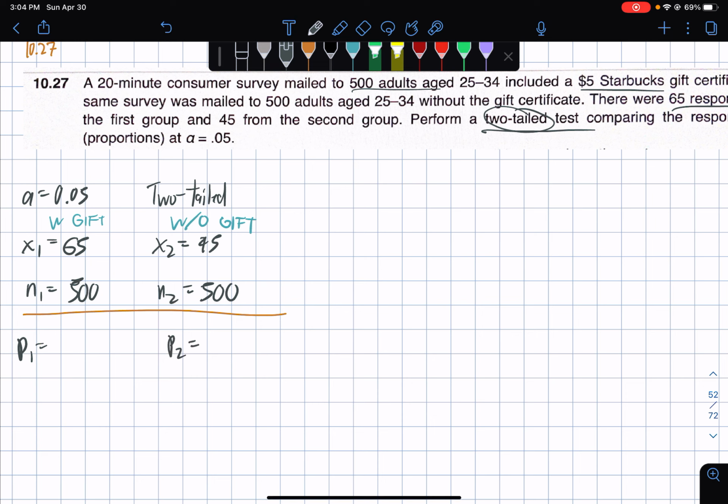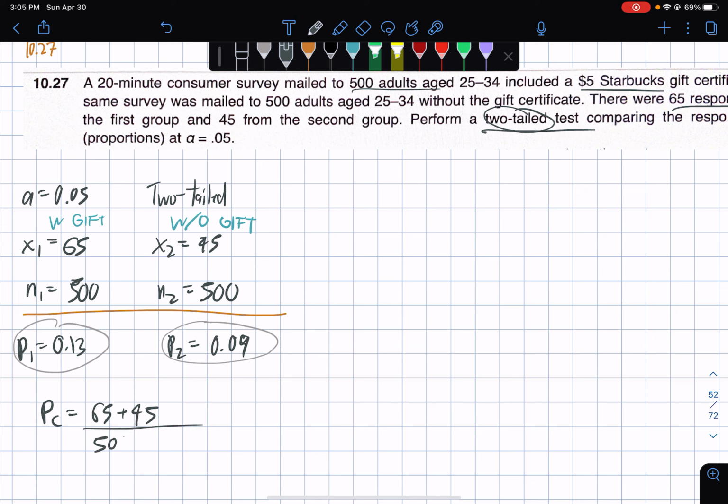So 65 over 500 is 0.13, and then 45 over 500 is 0.09. For PC, we have 65 plus 45 divided by 500 plus 500. So PC is 0.11.